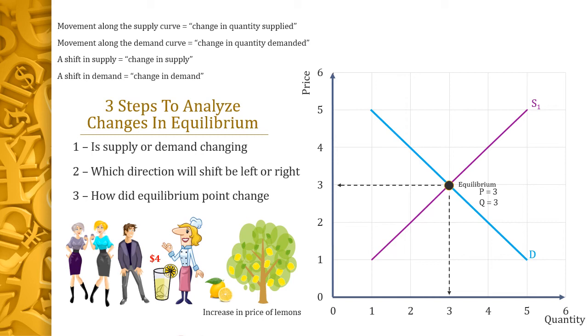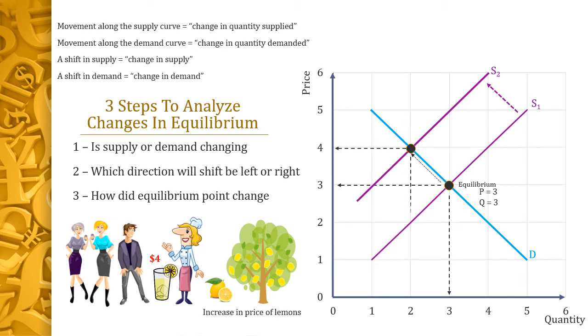So how is that going to change things? Well, we now have a change in basically the seller. So we're going to have a change in supply. And in this case, the supply is going to go to the left because we've increased our price. And this is our new line. If we have a new line, guess what that means? Yep, we're going to have a new equilibrium point. And so here we see our equilibrium point has gone to this direction.